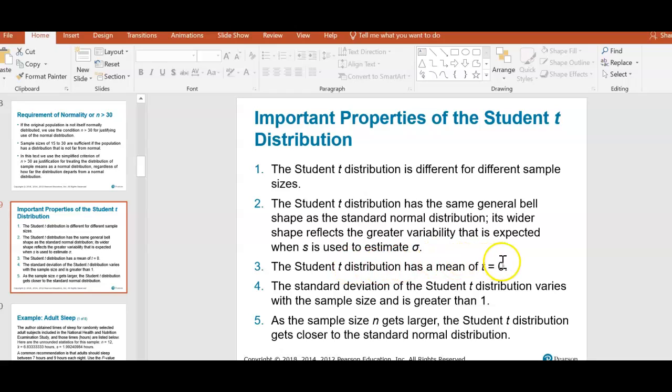It still has a mean of 0, like the standard normal. The standard deviation of the student t distribution varies with the sample size and is greater than 1, so it's not 1 like the standard normal. As the sample size gets larger and larger, the student t distribution gets closer and closer to the standard normal. I think we had that exact same slide just a few weeks ago.